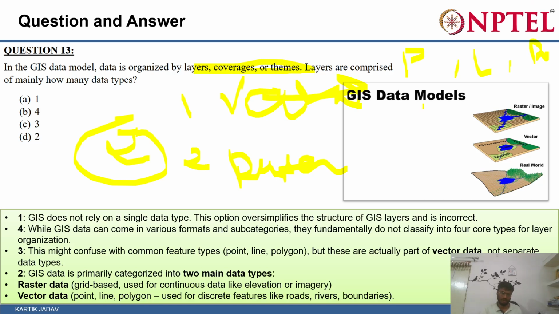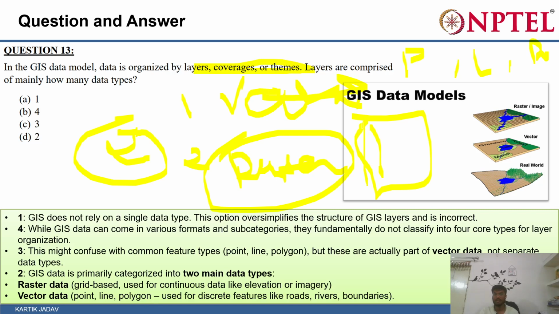In the case of raster data, we generally represent it through grids. The grids have cells, and each cell has a specific size. Each cell represents a single value of that continuous data.